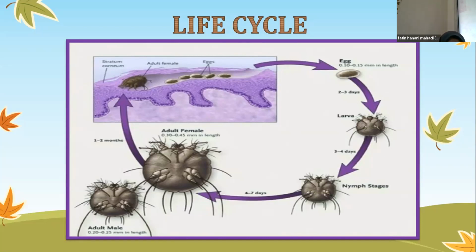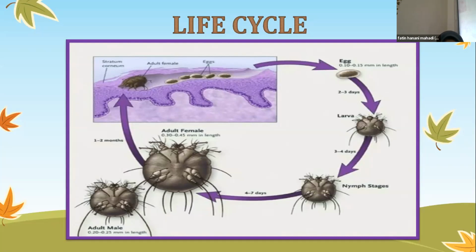About 2 to 3 days later, the egg hatches and develops into a larva, which has only 3 pairs of legs, and the larva then migrates to the skin surface and burrows into the intact stratum corneum to construct another short burrow known as the molting pouch.